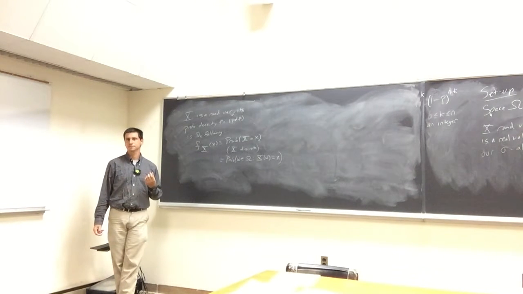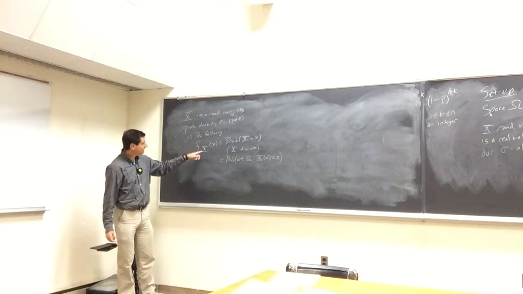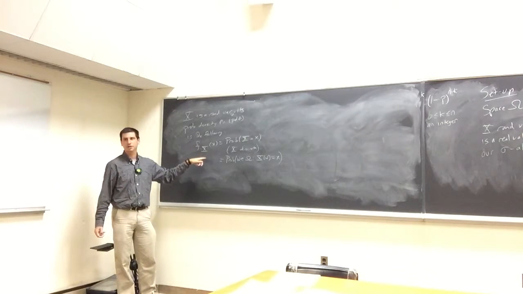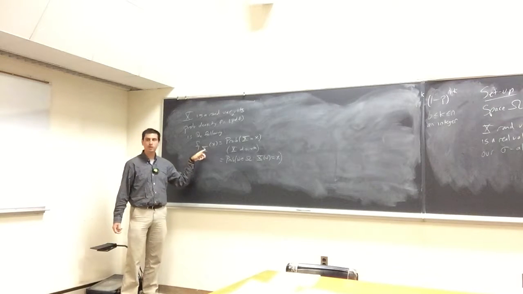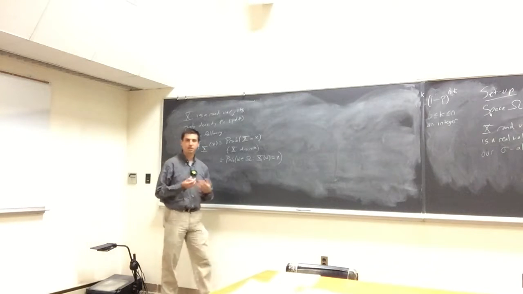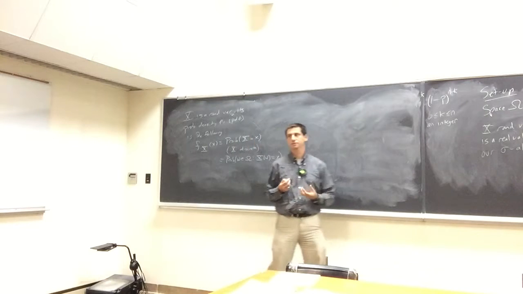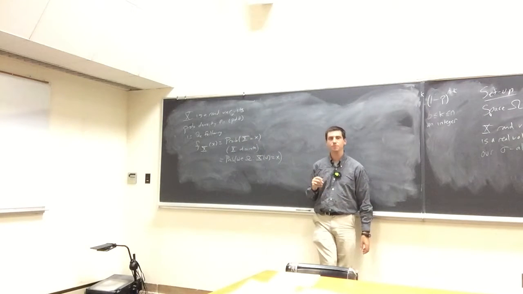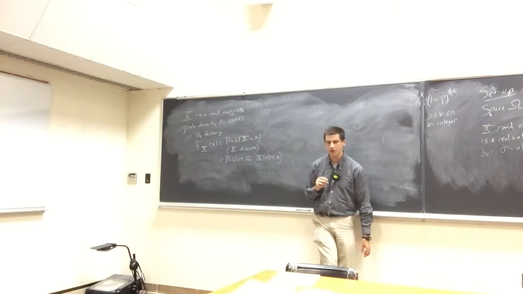I like to put the subscript f and the subscript X over here to remind myself that this function is associated to the random variable X. The more variables you have in play, the easier it is to get confused as to what goes with what. So if you have multiple variables in play, putting these subscripts gives you a sense of what's going on.